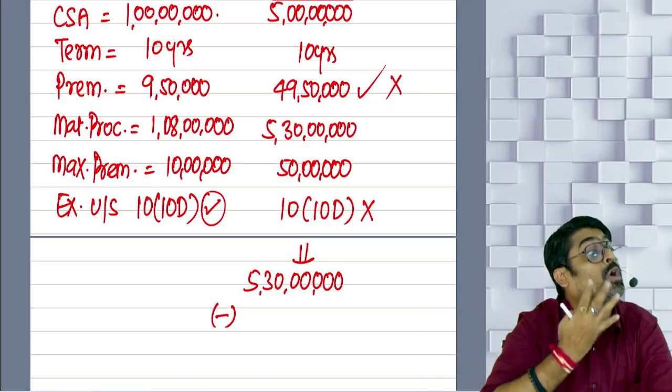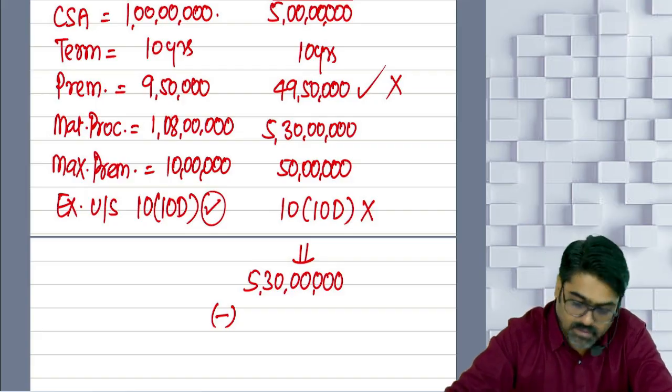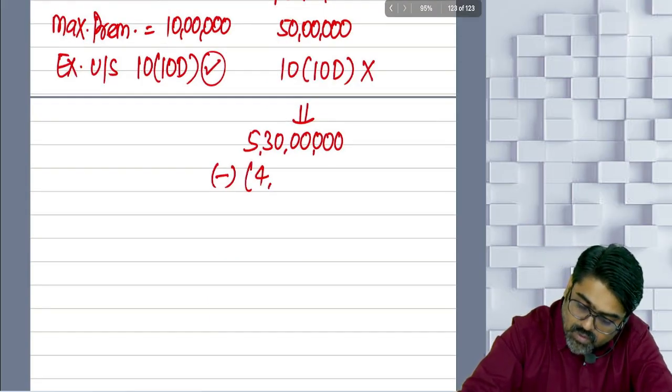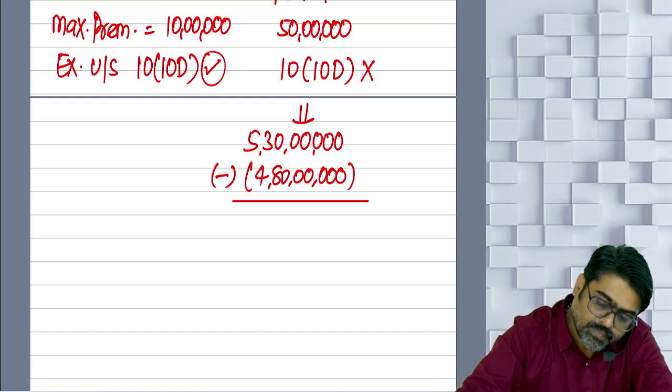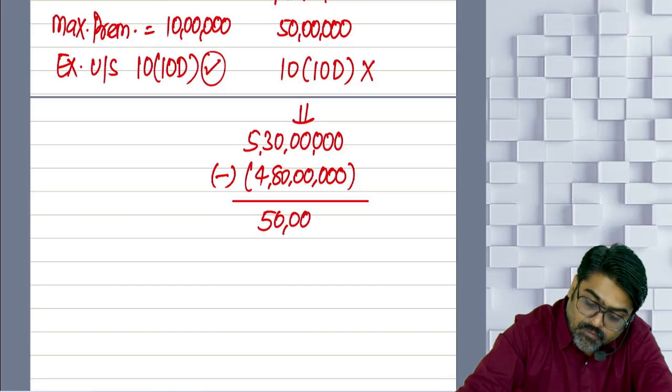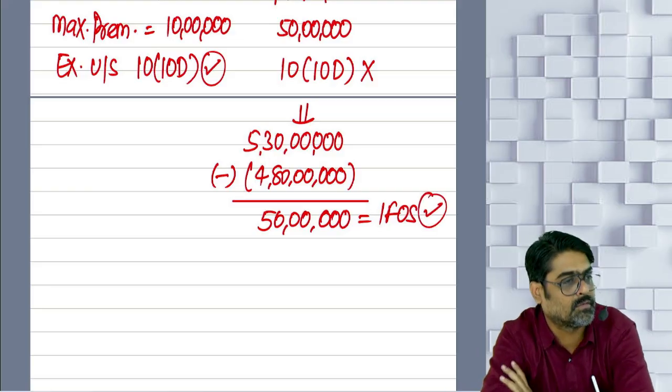So how much was not allowed every year? 48 lakhs multiplied by 10, 4 crore 80 lakhs. Yes or no? So how much is the balance amount? That entire 50 lakhs will now be treated as your income from other sources.